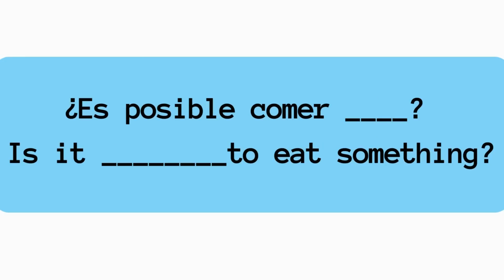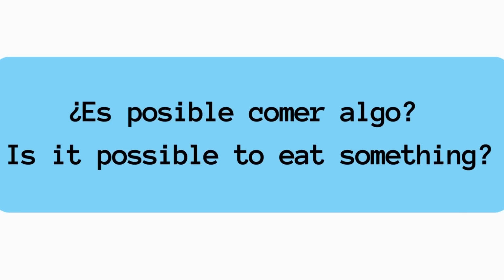And on to our final one. So, ¿es posible comer? And our gap is algo. ¿Es posible comer algo? Is it possible to eat something? So looking at the gap that's missing, is it possible? Posible, possible. Is it possible to eat something?